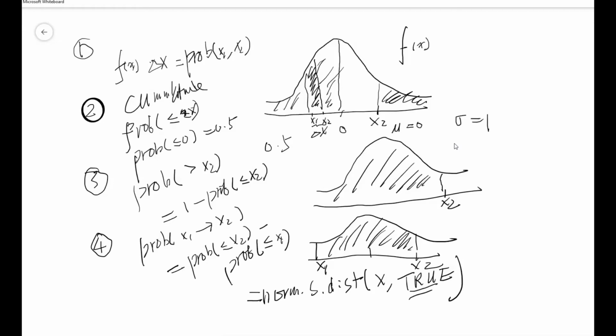If we use the general format, NORM.DIST, and we enter x with 0 and 1, then these two are equivalent.